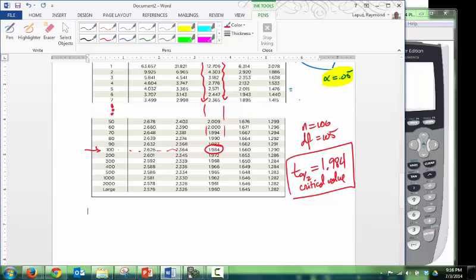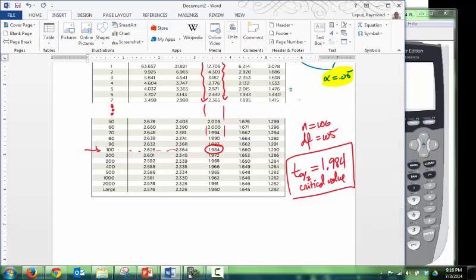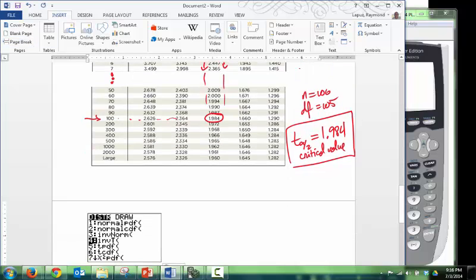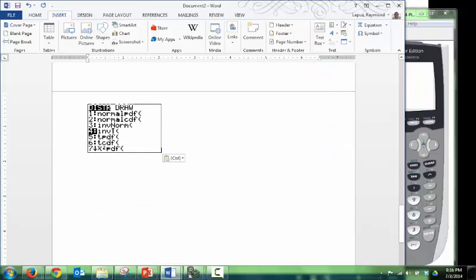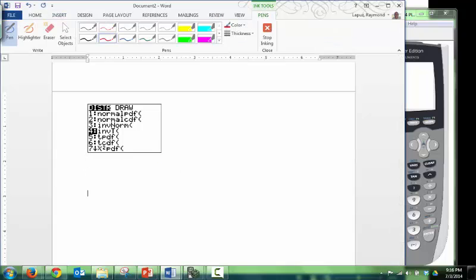Let me start a new page here for the notes. So the inverse norm was looking for the area to the left. So the inverse T is going to look for the same thing.